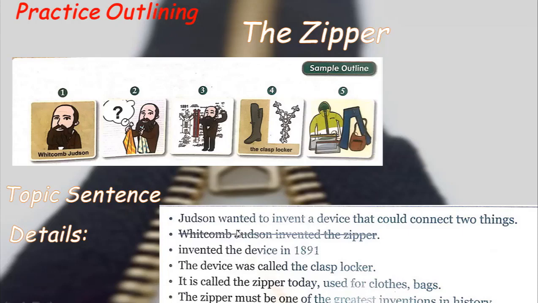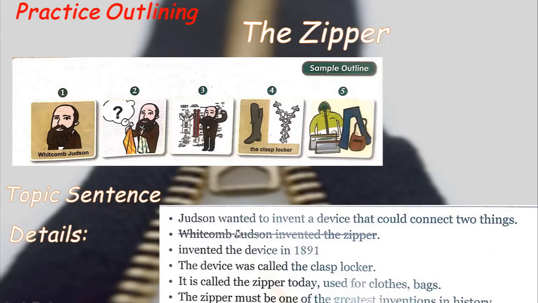If you are not so sure about picture number 2, you can skip to picture number 3. You will see the zipper, and we also call it the clasp locker. So for pictures number 3, 4 and 2, the device was called the clasp locker. What about picture number 4? Number 5? So now the teacher would like to check it for you, everyone.